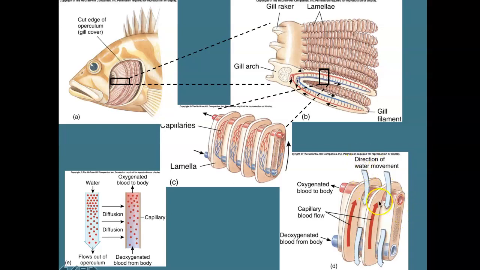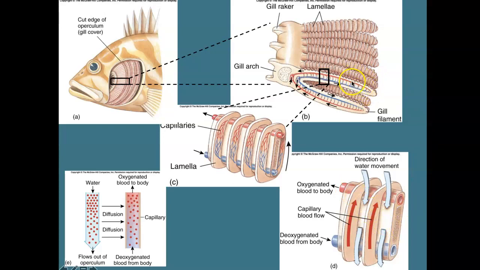So what happens is, as that new fresh water that was just brought in the mouth comes in and moves here, it's going to have the highest amount of oxygen, okay? So the water is going to be like this with lots of oxygen. The red dots are supposed to be oxygen, okay? And here's the oxygenated blood that's moving back.